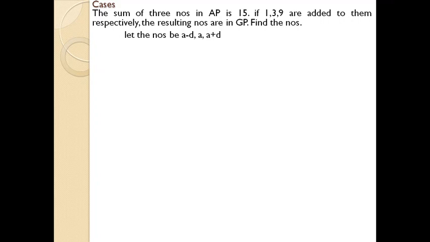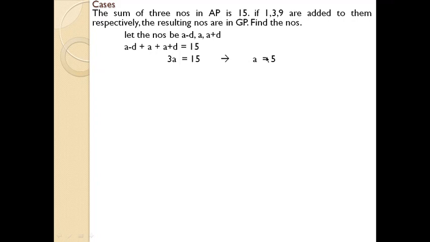In the question it is said that if we take the sum of these three numbers, you will get 15. So by solving this step, you will get 3a equal to 15, that is a equal to 5. I hope you all know the basic mathematics step. We have got a equal to 5.